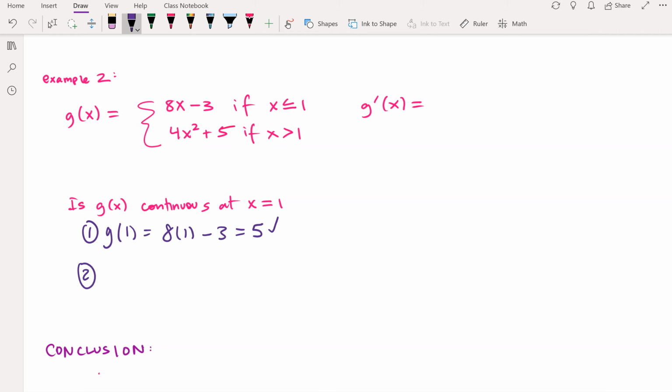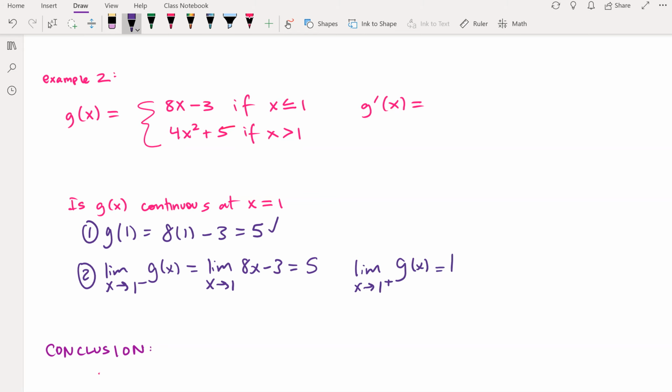Let's find step 2, the limit as x approaches 1 from the left of g of x equals the limit as x approaches 1 of the left piece, which is 8x minus 3, which equals, we just did that one, 5. Plug in 1. And then the limit as x approaches 1 from the right of g of x equals the limit as x approaches 1 of the right-hand piece, which is 4x squared plus 5.